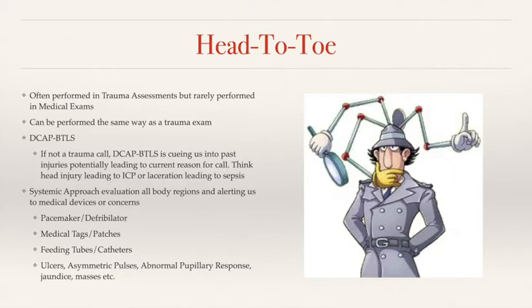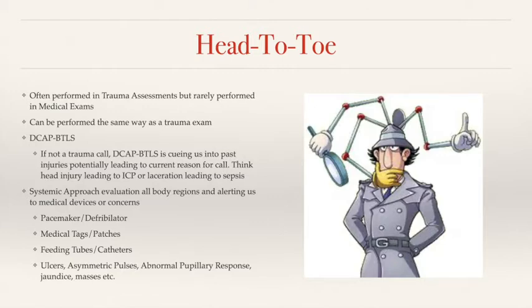We're also going to be looking for other potential sources of infection, like feeding tubes. They could have a J tube or a G tube, or potentially urinary catheters. Those are huge for infections. So we're looking for things like that, but also ulcers. Do they have a bed sore that's infected? We're going to be palpating pulses.